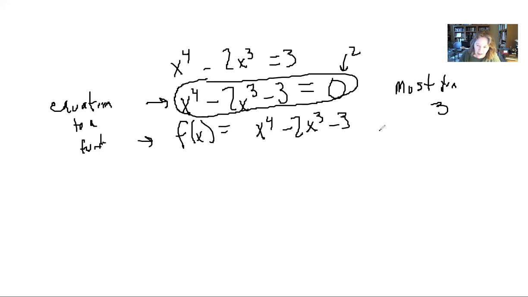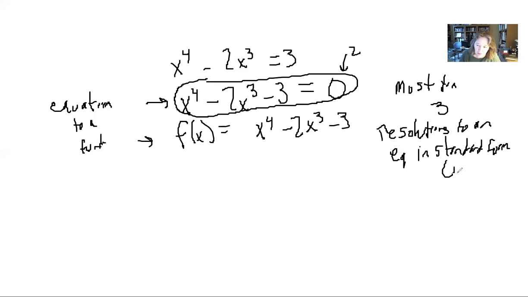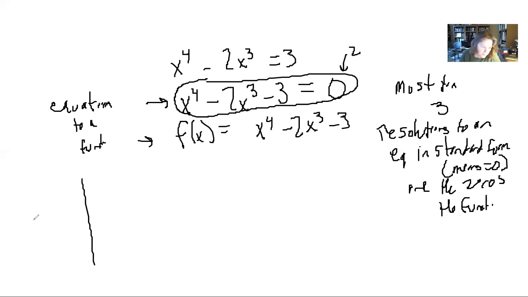If you want to write that down, the solutions to an equation in standard form, that means equals 0, are the zeros of the function. It's backwards of what we did before. Okay? So when you graph that, it's going to look something like this.